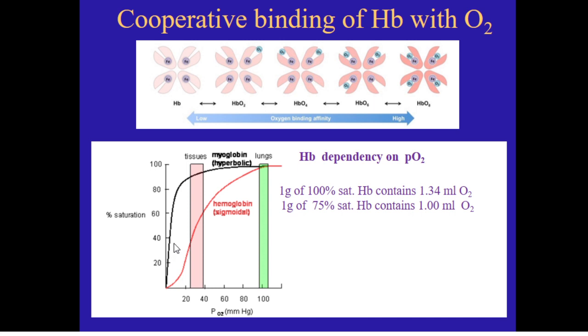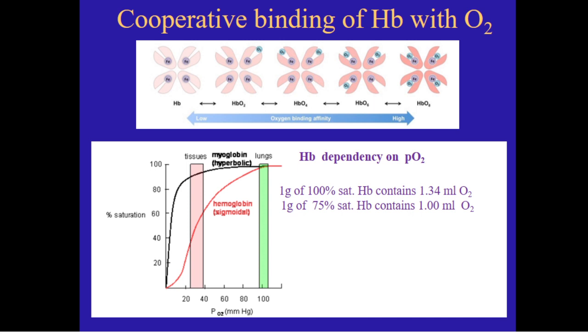Myoglobin can interact with only one molecule of oxygen, and at low partial pressure of oxygen, it is nearly completely saturated. Why is this necessary? It means that in tissue, where the partial pressure of oxygen is very low, it is high in lungs, understandable, myoglobin can keep as much oxygen as it can.